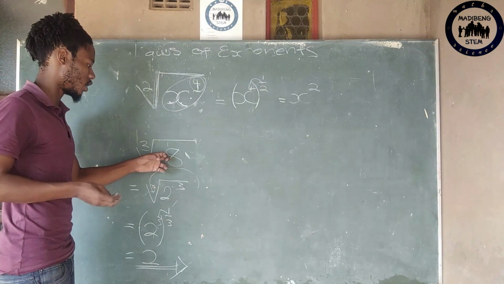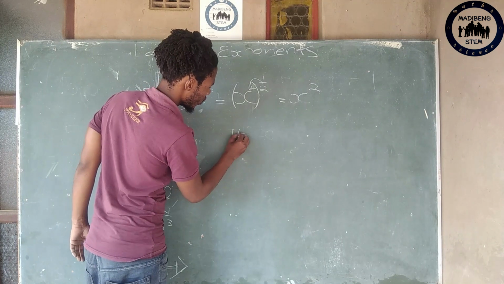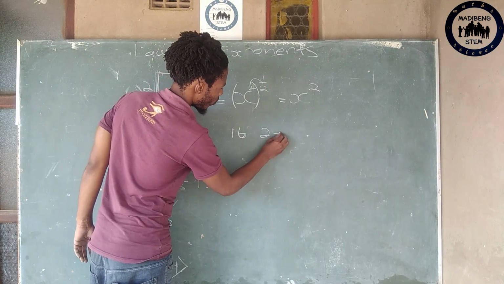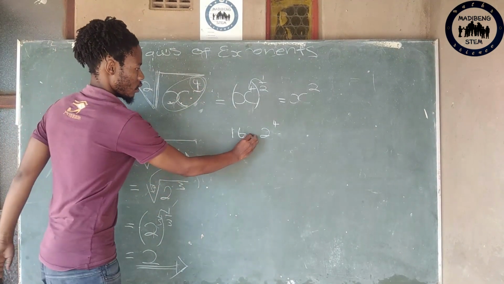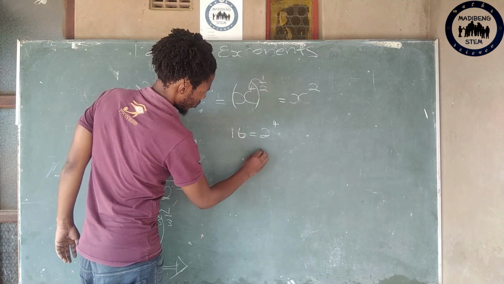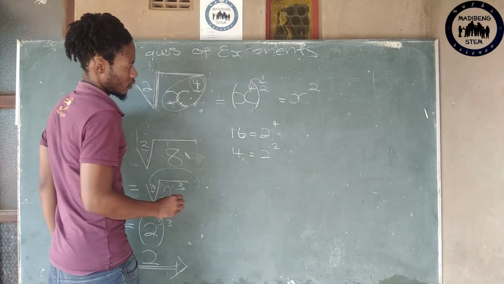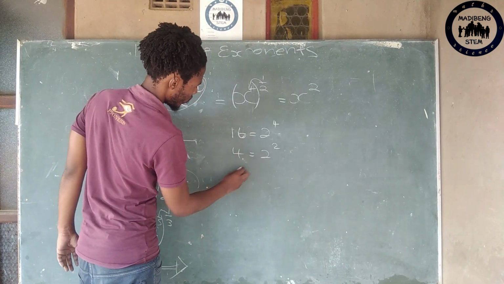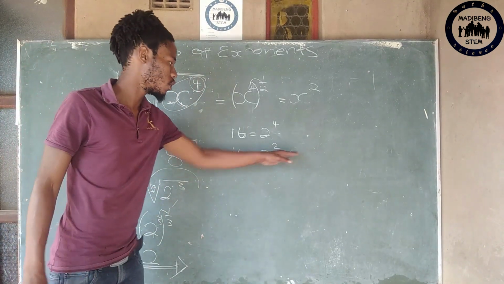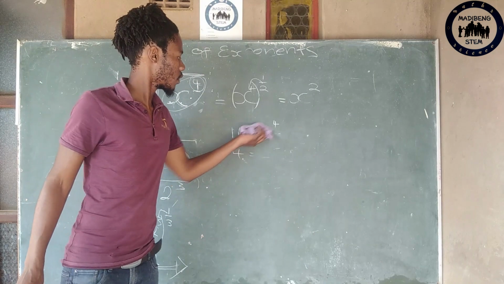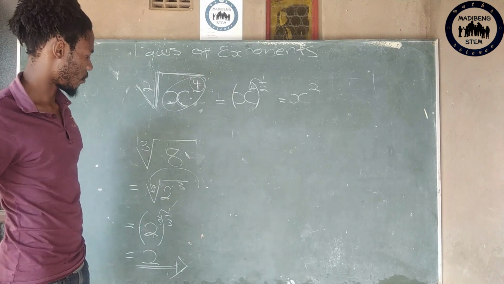You will have to know how to change this to exponential form, like how to change this 16 to exponential form. 2 to the power of 4 is 16. 2 to the power of 2 is 4. Stuff like this. 2 to the power of 3 is 8. We have done it. You have to know how to change these numbers into exponential form so that you can get them right.